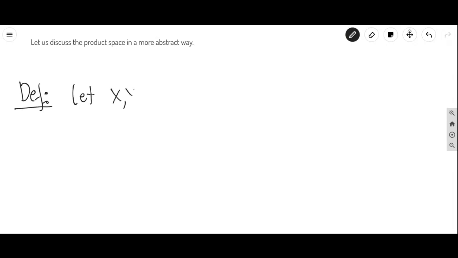I want to discuss a product space in a more abstract way. So I want to begin with this definition. Let X and Y be two spaces.